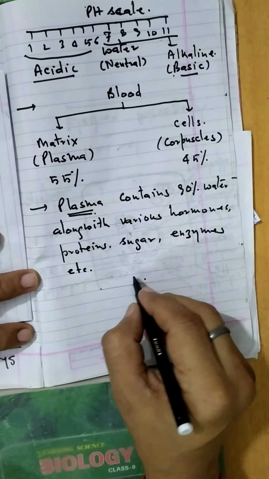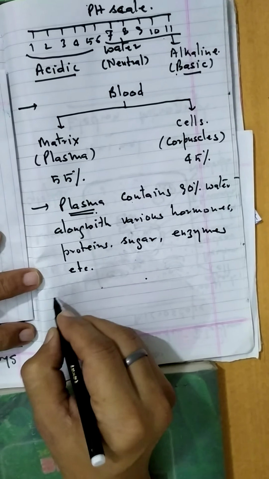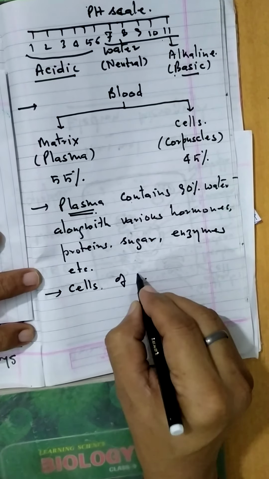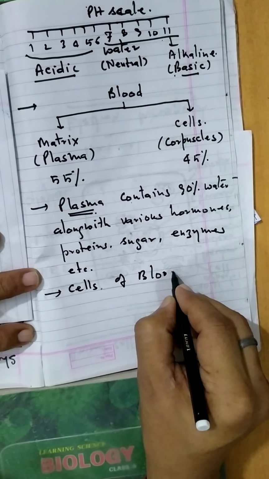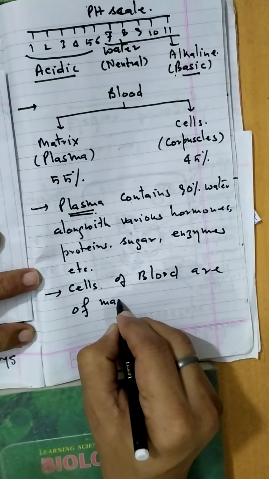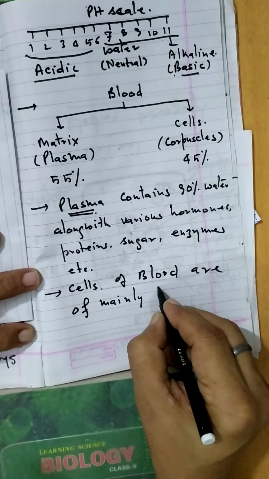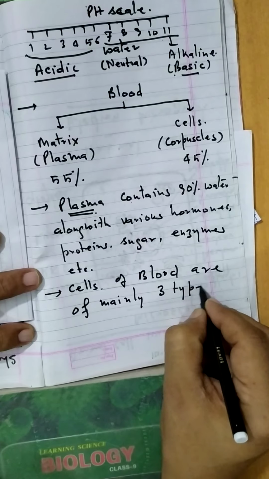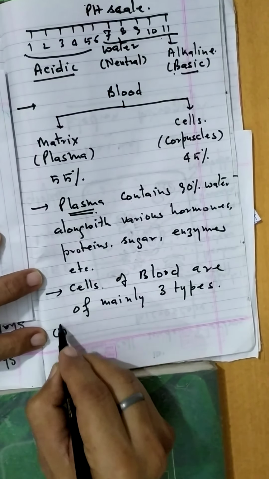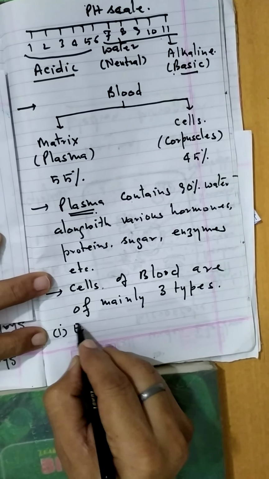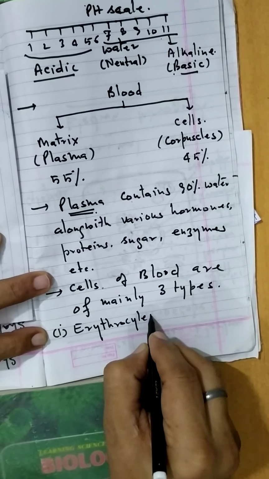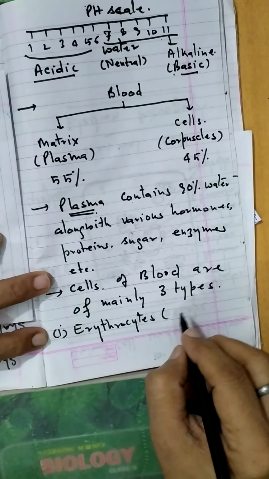Now we will study the cells of blood. They are mainly of three types. First, erythrocyte or RBC.